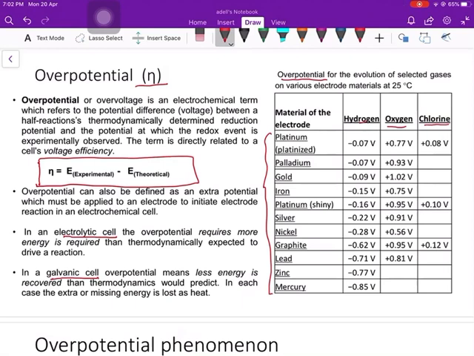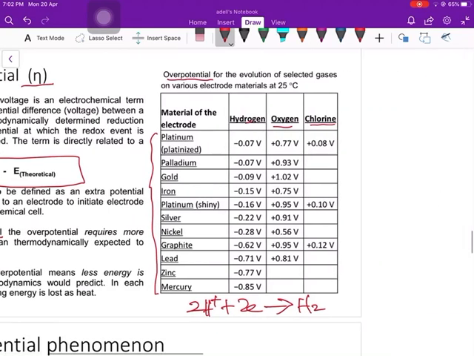For the hydrogen evolution reaction, the theoretical value, if you look at the standard electrode potential table, is 0 volt. When you use a platinized electrode as the cathode, an extra 0.07 is required for the hydrogen ion to reduce to form hydrogen gas.